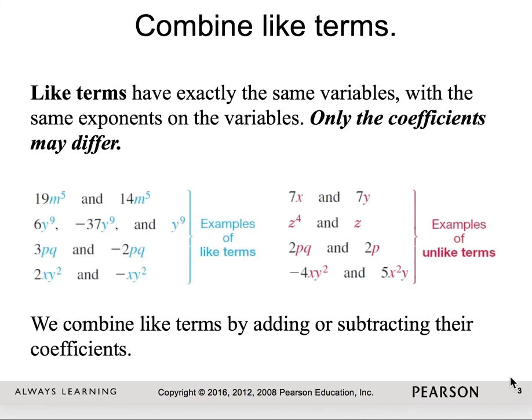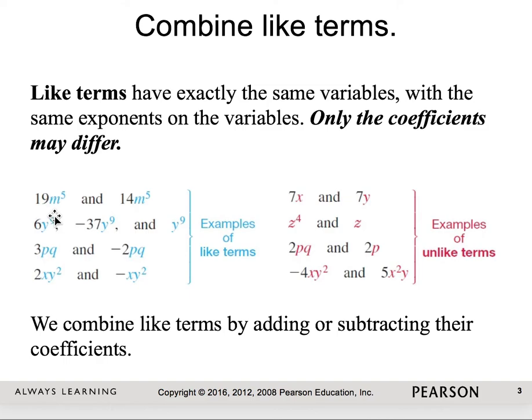All right, a little more vocabulary: like terms, or terms that are alike. We've already been using that terminology actually. That means they have to have the exact variables and exact exponents on each variable. The only thing that can differ is the numeral part, the coefficient.